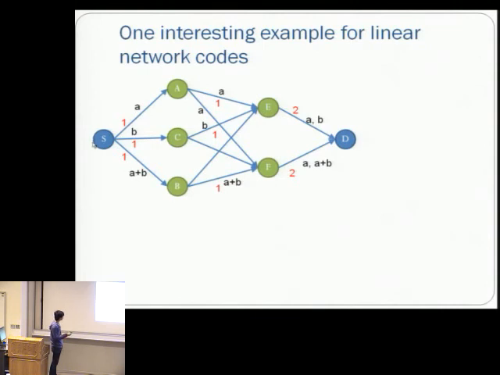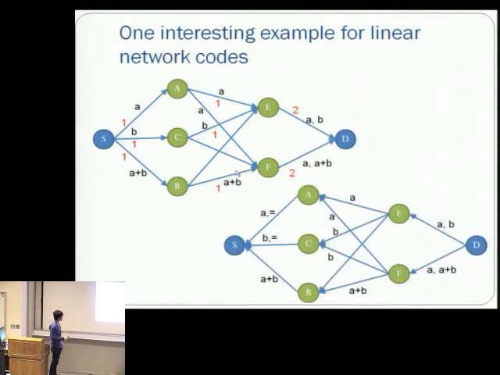We consider the transmission of data from S to B, and we can easily find a linear code that can achieve a rate of 2. Just say A, B, A XOR B, and A is duplicated at A, and B just forwards B, and C just forwards B, and B forwards A plus B, and everything can be checked at the destination.